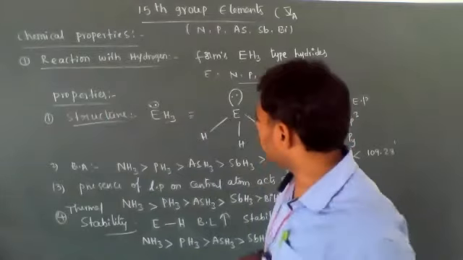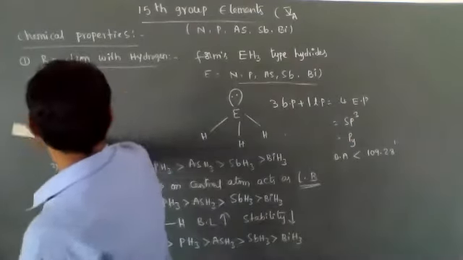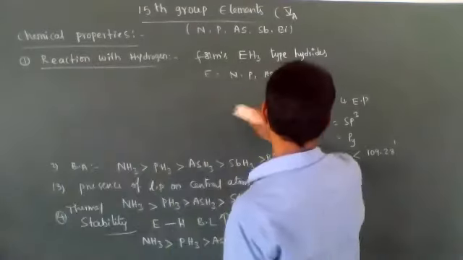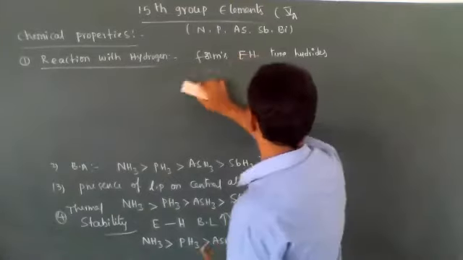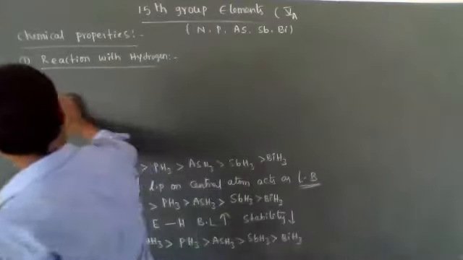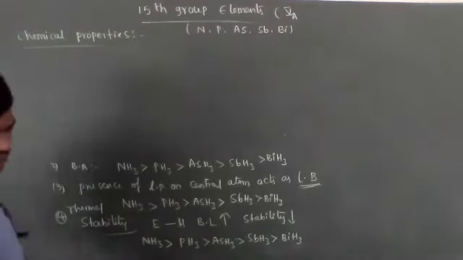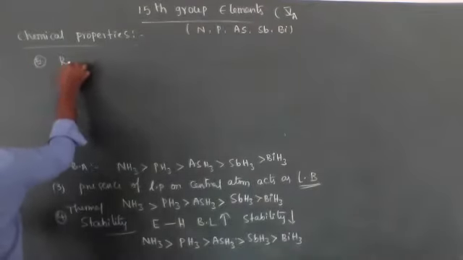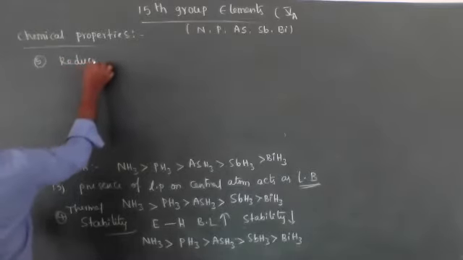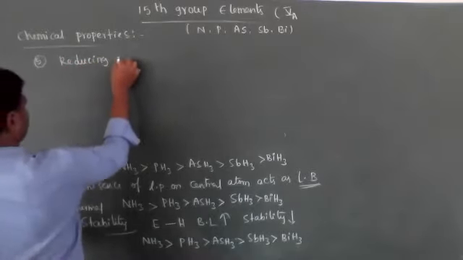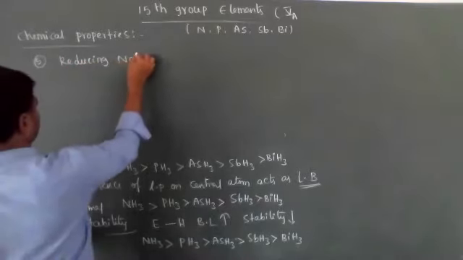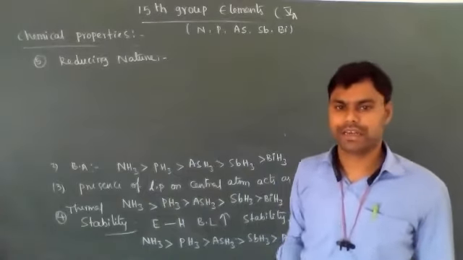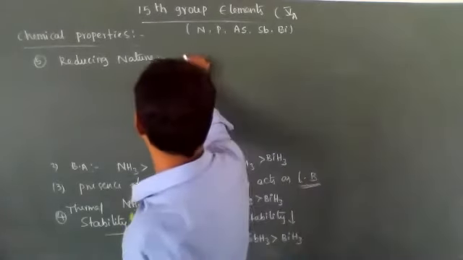The next important point related to the properties of 15th group element hydrides is the reducing nature order. The reducing nature mainly depends on thermal stability.